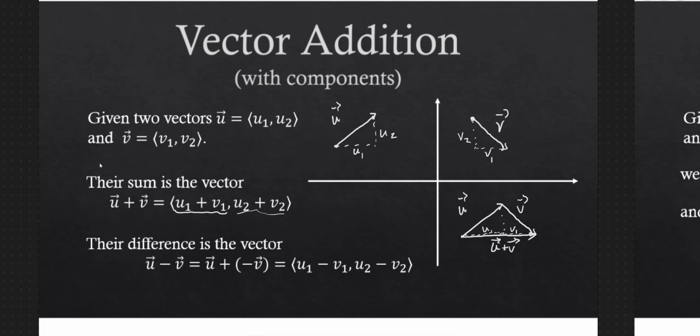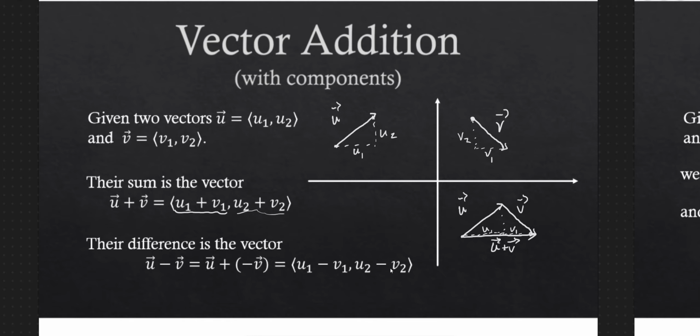So that's pretty cool that it works out like this. Again, this is not a definition. This just comes from the geometry that the sum of two vectors should be the vector whose components are the sum of the components of u and v. Works out very nicely. That's how we know that we have the right definition for addition. And then difference, similarly, we can first take negative v.